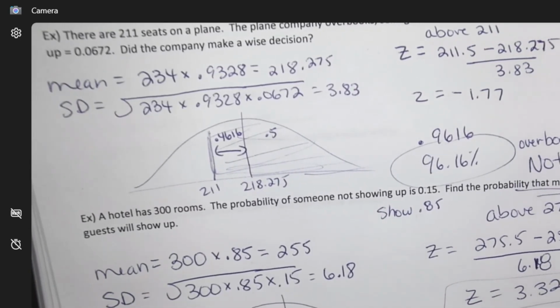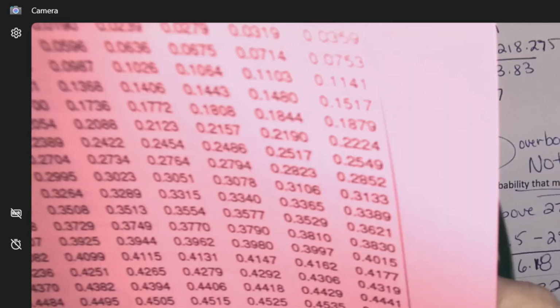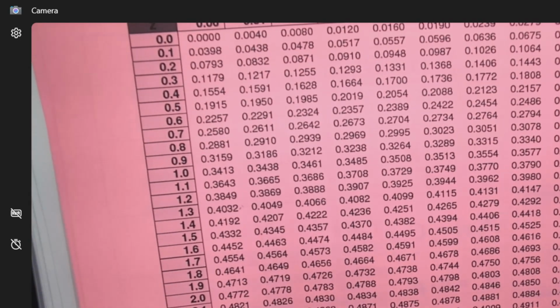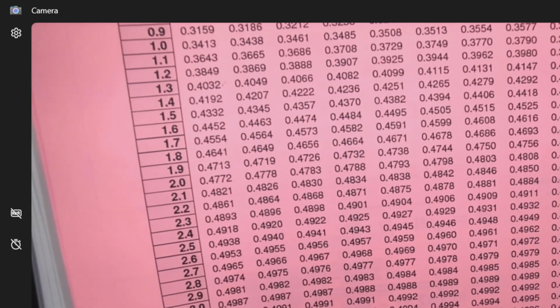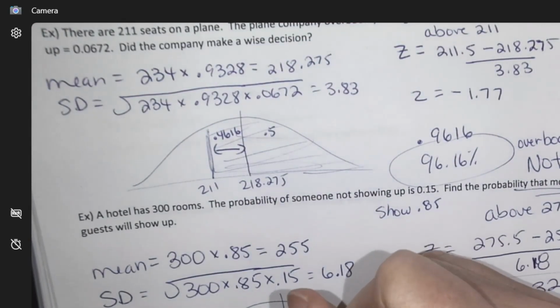Okay, I need you to look up 3.32. Our chart just barely has that one. 3.32, and you get 0.4995.